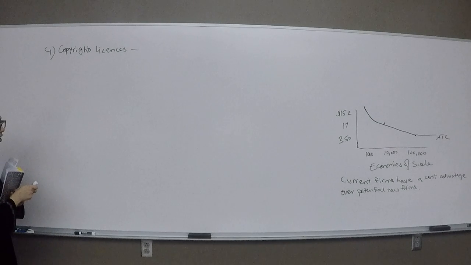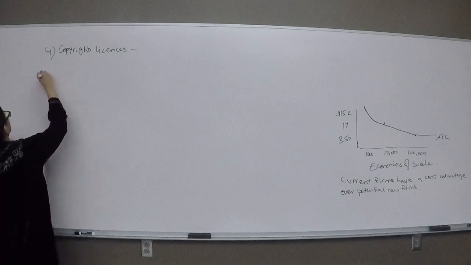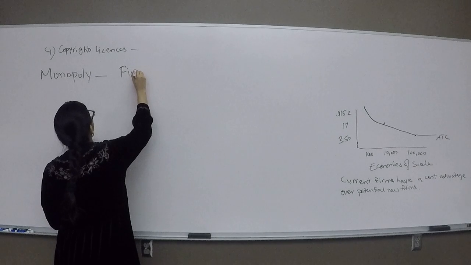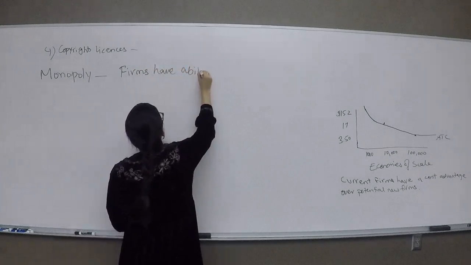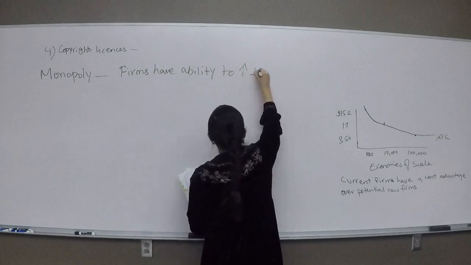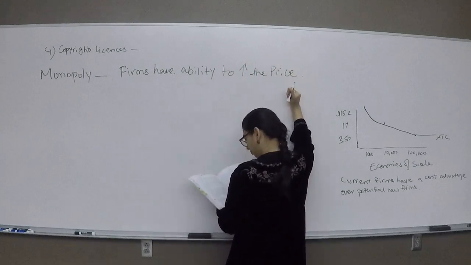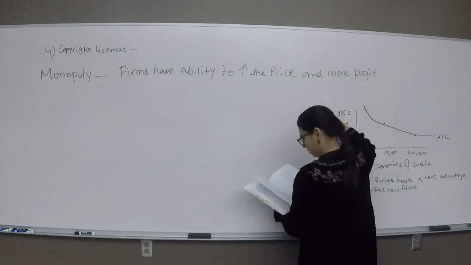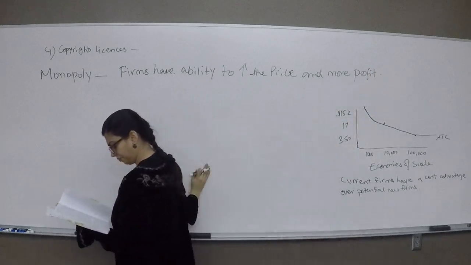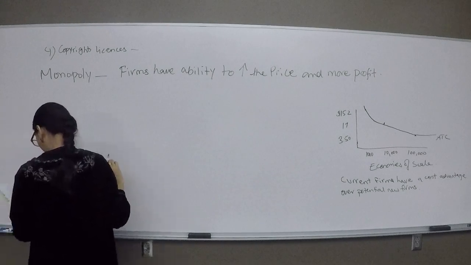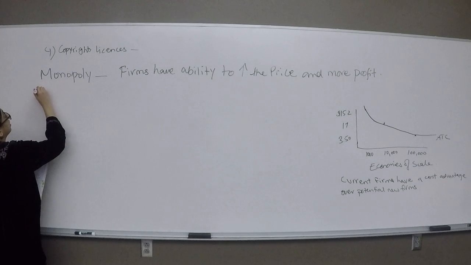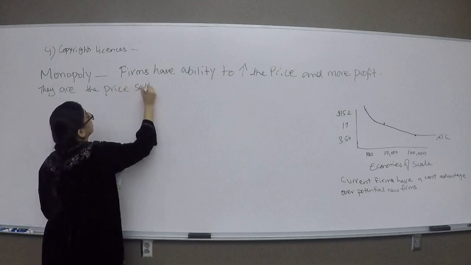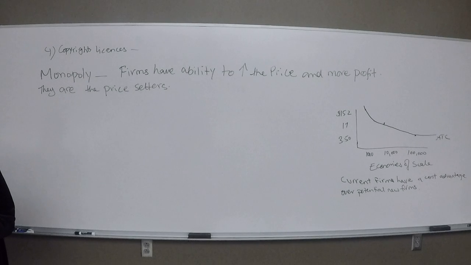So when firms have the ability to increase the price and earn profit, they are the price setters. They set the price of the product in the market.